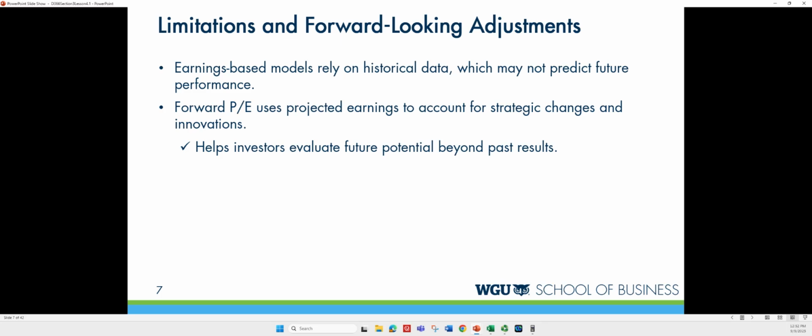So to make some corrections for these types of challenges you can have with using historical data, a lot of times we use something called forward price earnings projections. So we look at the firm's projected earnings to account for anything that might be coming down the pipeline as far as strategic changes they want to make or innovations they're going to implement to improve their operational efficiency. And so this helps investors look at the future potential and steer away from past results.